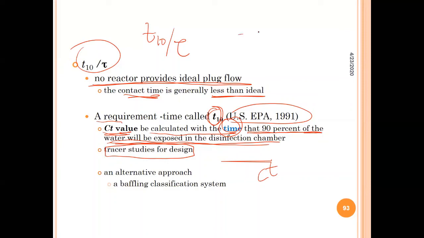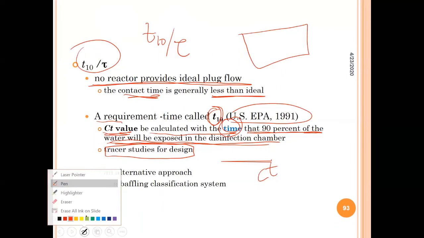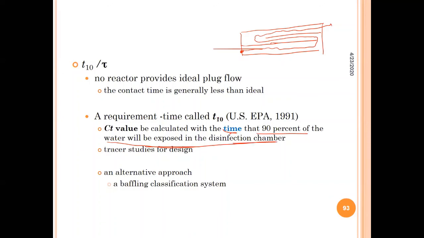So for example, if we have a certain chamber like this, we can put some tracer here. It can be color, or some other chemical which we can measure easily, and we see how it is going here and here and here. The time at which 90% of water will be exposed in this disinfection chamber, we call this T10 time.